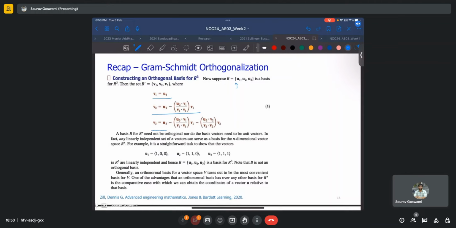The third vector for the basis, v3, will be u3 minus the projection of u3 on a unit vector along v1, minus the projection of u3 on a unit vector along v2. Projection, of course, is denoted here by this dot product. Should you express it in matrix form, you will have transposes here because your U3 matrix is like U31, U32, U33 and your V2 matrix is V21, V22, V23.